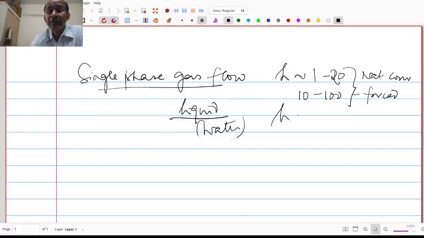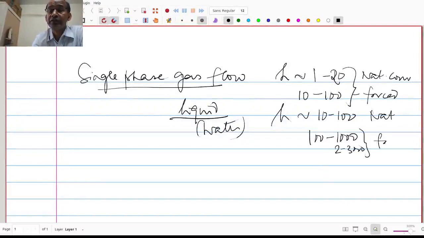Then you would have h in the range of 10 to 100 for natural convection and 100 to 1000, or maybe a few thousands, maybe 2000 to 3000, in the case of forced convection with liquids. This is the typical value that you normally expect to get.